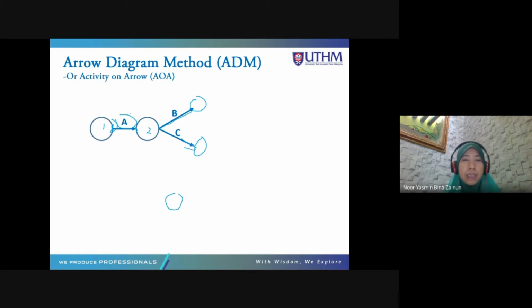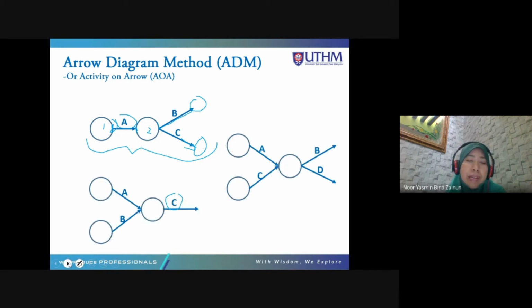A is the predecessor for B and C, or you can say that B and C are the successors for A. So this relationship can be explained by predecessor or successor. It is actually showing the same relationship.